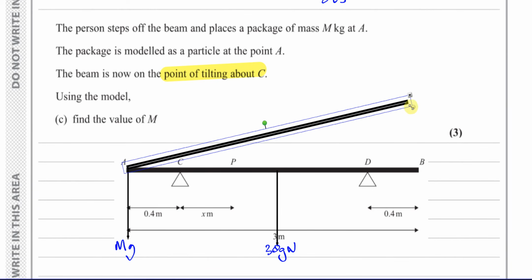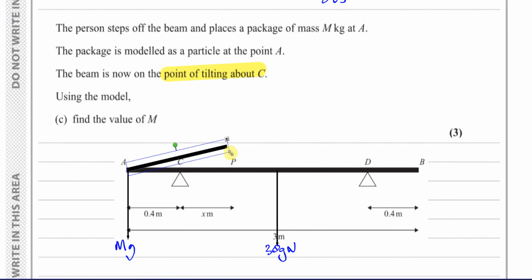So this is about to happen. Just imagine we're talking about this beam, and this goes all the way up to there. What's about to happen is this. It's about to tilt with the rest of it attached to it as well.